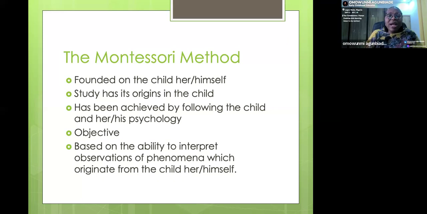It is based on the ability to interpret observation of the phenomena which originated from the child. So every observation, how children learn, how they explore, how they concentrate on learning. There's a particular story of Maria Montessori's observation of a particular child, and I've seen this same thing in my own classroom too, working with children.